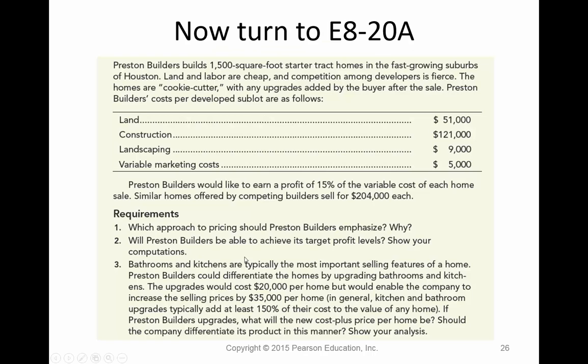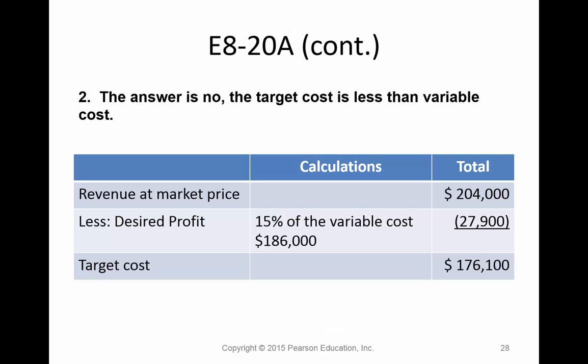All right, so going back now and looking at the second question, will they be able to achieve their target profit levels? Okay, so our calculations on this is we take our revenue at market price, which was given, less their desired profit, which was given as 15% of variable cost. So if we add up all the variable cost items that were given, we get $186,000. 15% of that is their desired profit.